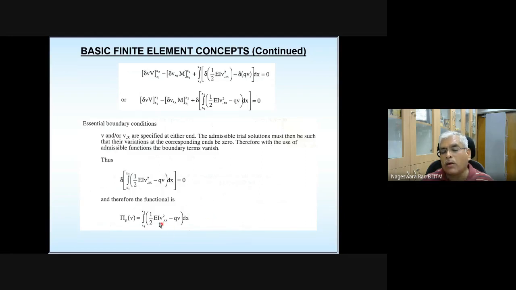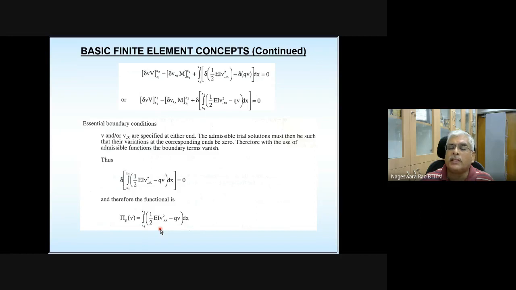And you please cross check whether this equation is in agreement with your definition of potential energy. Potential energy is strain energy minus work done by the applied forces. The strain energy we are considering here is bending strain energy.